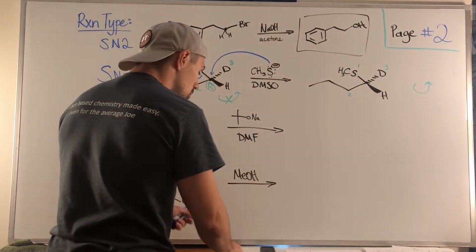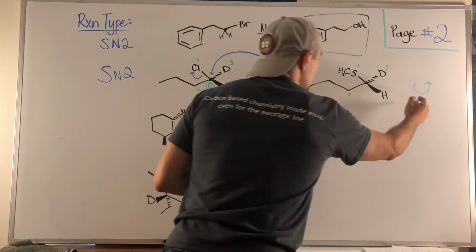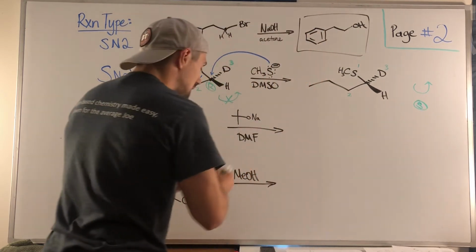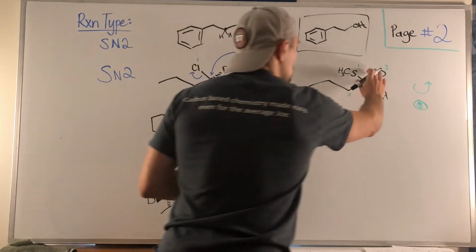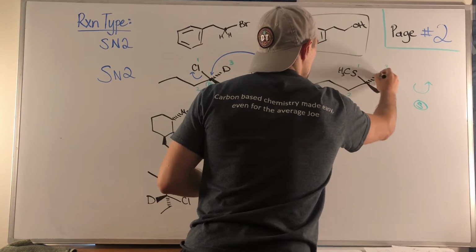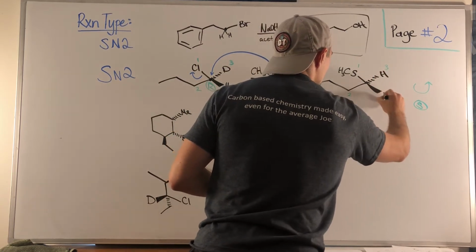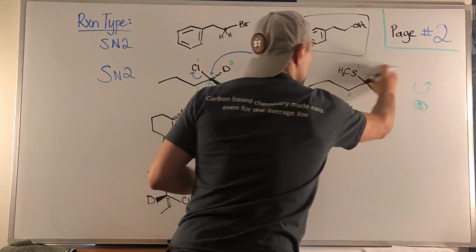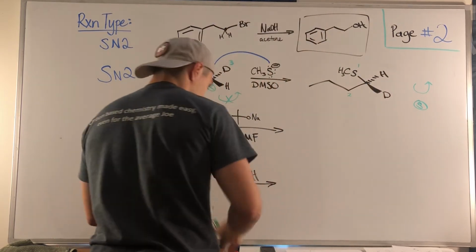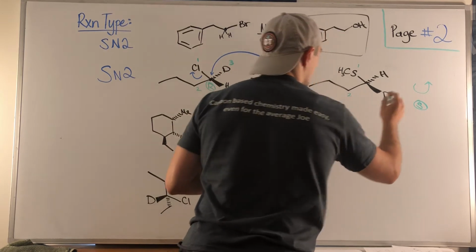But what I can do, because we need S configuration here, we need to actually be S, I can do a single switch of these groups. And when I do that, let me make sure I update my configuration assigning.